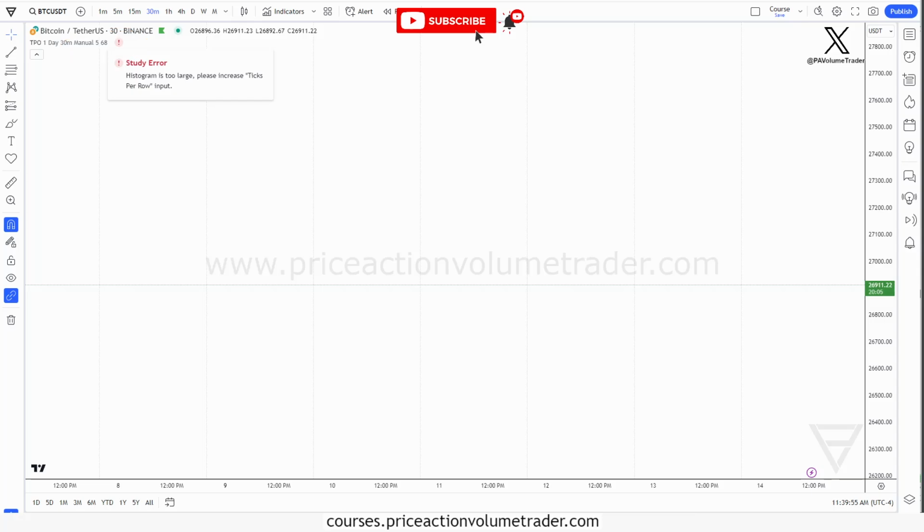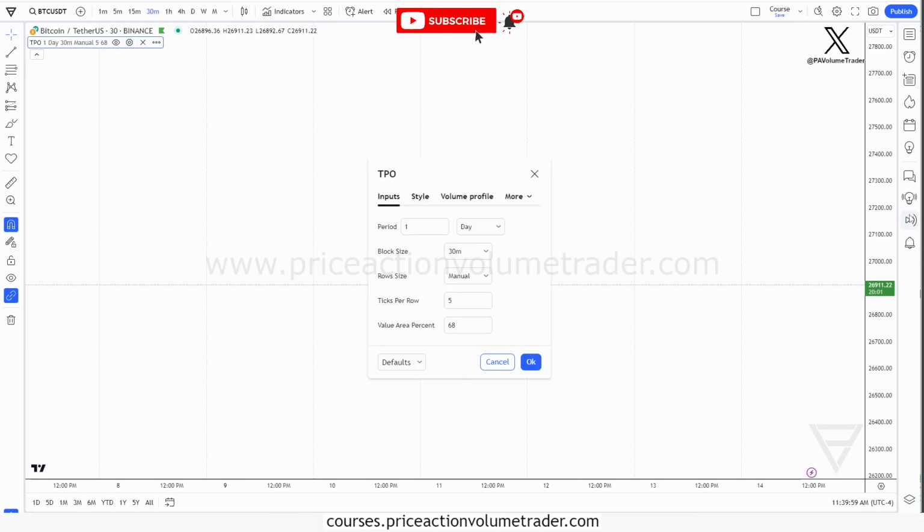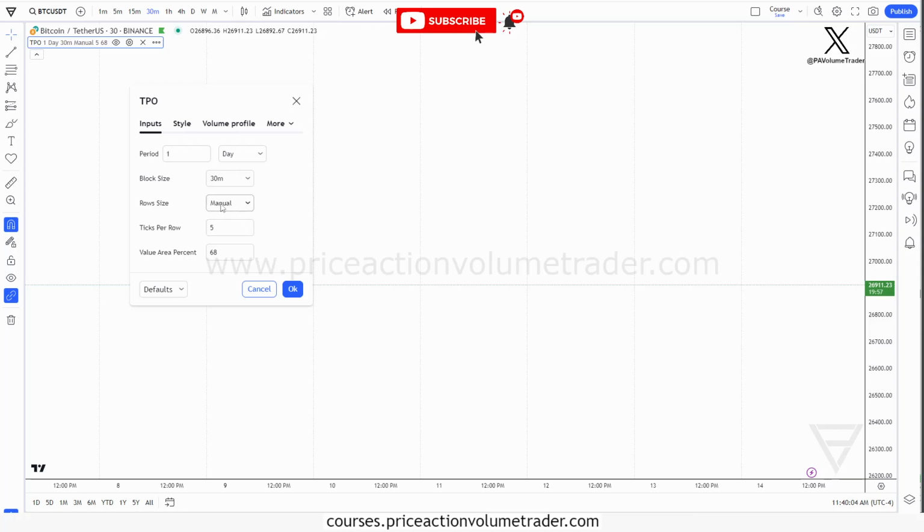Okay, so you can see the price scale on Bitcoin is obviously a lot higher. We're right now at 27,000 or so. So in this case, I would want to make it, let's say, 1,000 ticks per row.